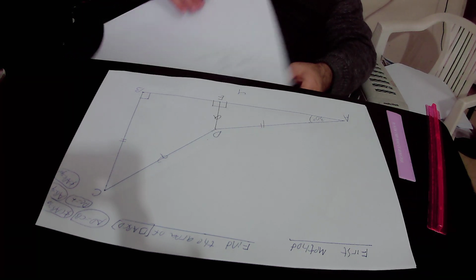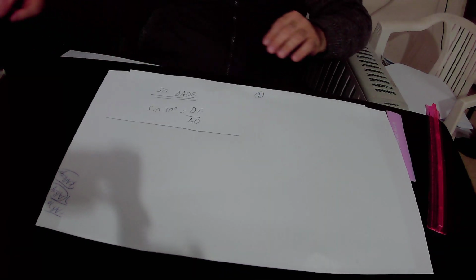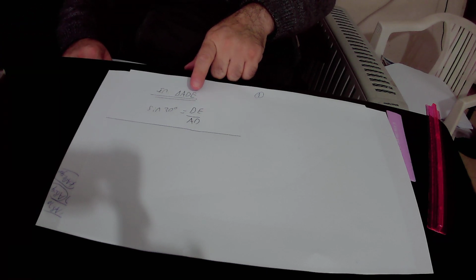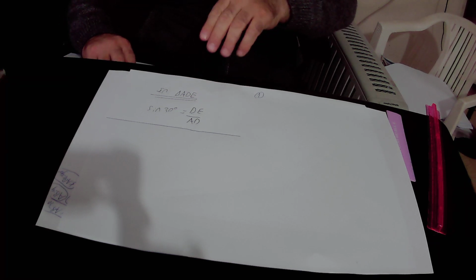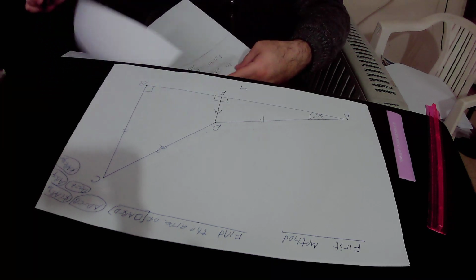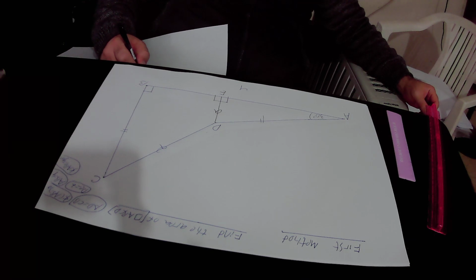I repeat again, in triangle ADE, sine 30 degrees equals DE over AD, but we know that DE equals A, so we substitute DE by A over AD.